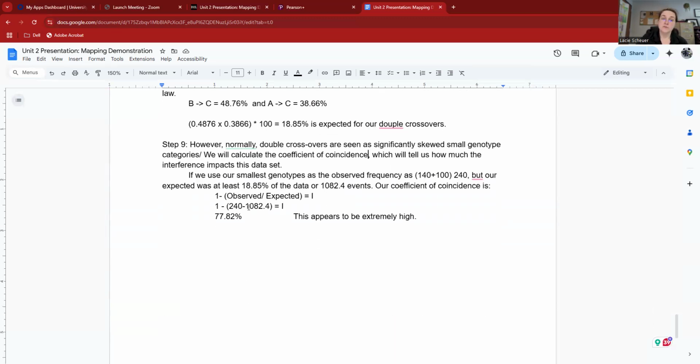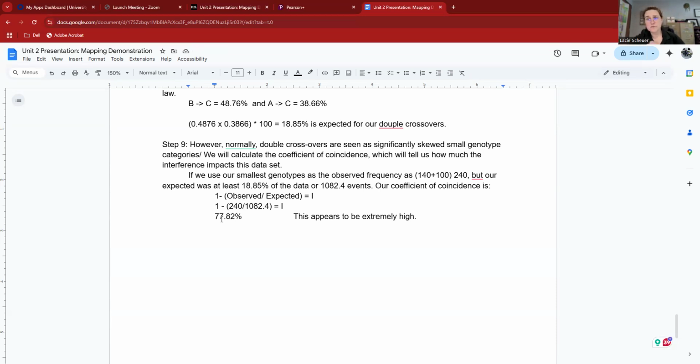Our expected was 18.85% of the population. So that would have been 1,082.4 events. So if we do our observed over our expected, and subtract from 1, that would have been 77.82.